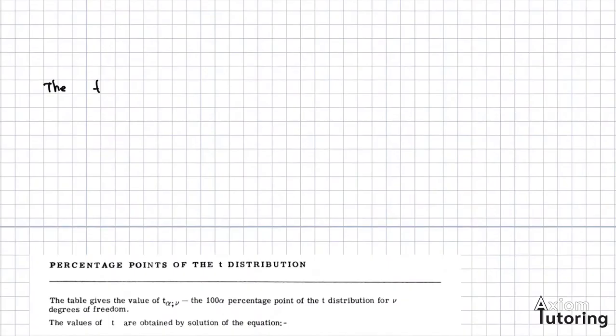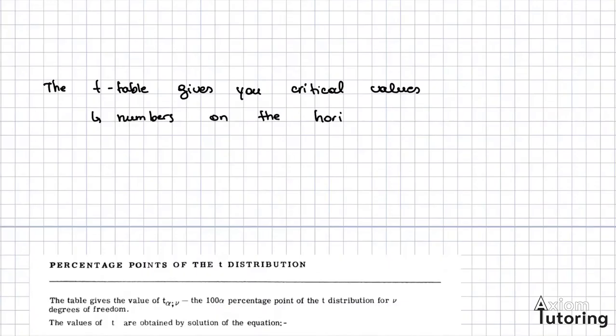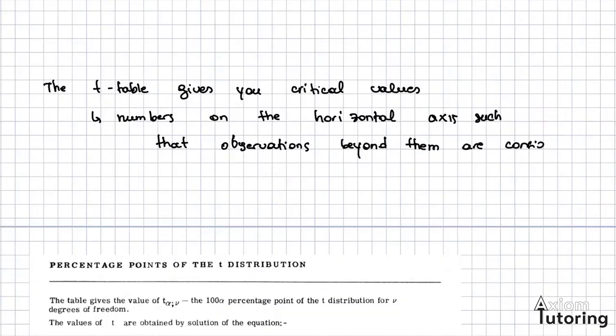So the T-table gives you critical values, meaning numbers on the horizontal axis such that observations beyond them are considered extreme.